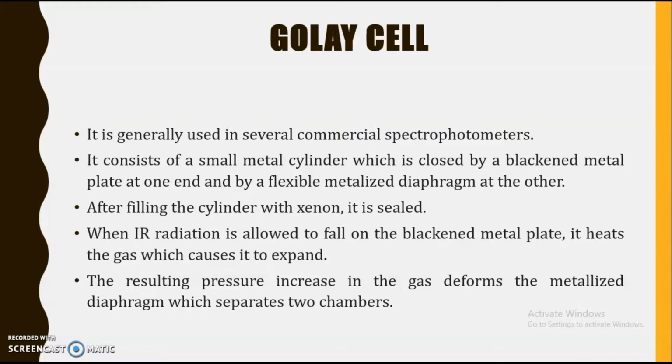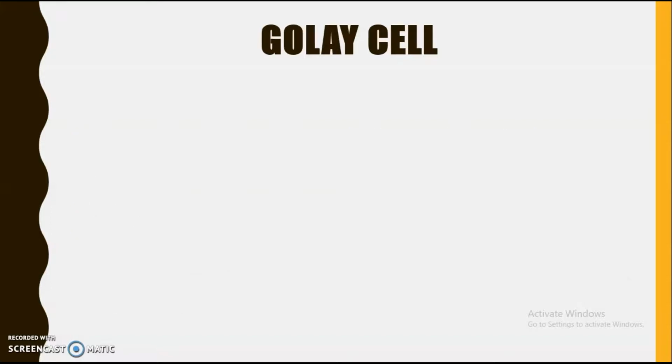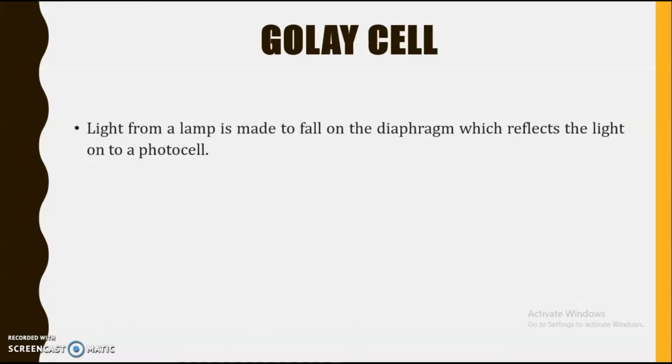The light from the lamp is made to fall on the diaphragm, which reflects the light onto the photocell. In this way, this detector is used to determine the IR radiation falling on its surface.